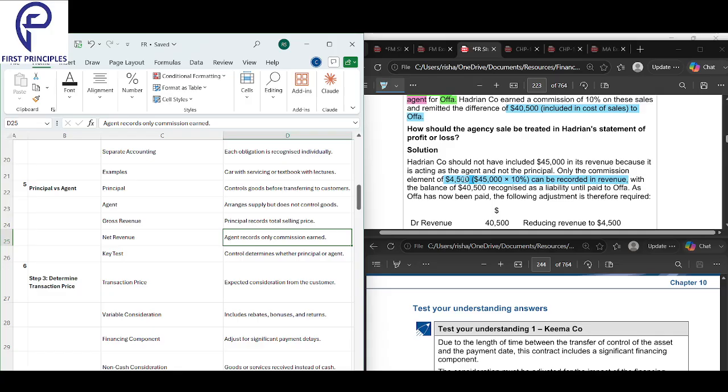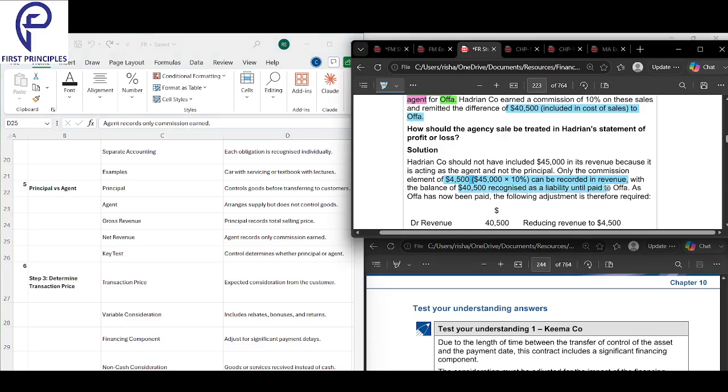The balance of 40,500 should be recorded as a liability until it is paid to Offer. So 4,500 is the revenue and 40,500 is the liability. They should record it initially. This is what Hadrian should have done.